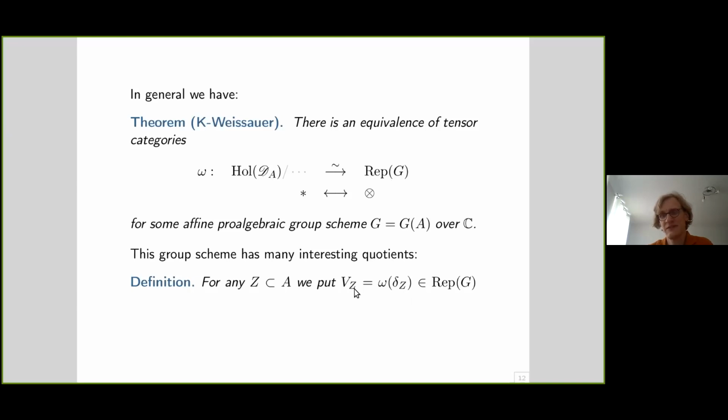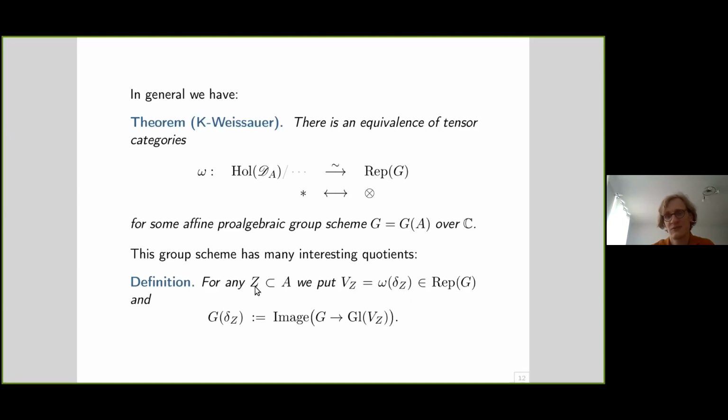Let me call this VZ. And now you can look at the image of this huge group inside GL of this vector space VZ. So the image of the pro-algebraic group inside this finite dimensional representation, this is now a closed algebraic subgroup of this GL of VZ, so it's an honest algebraic group, which is naturally attached to the subvariety.